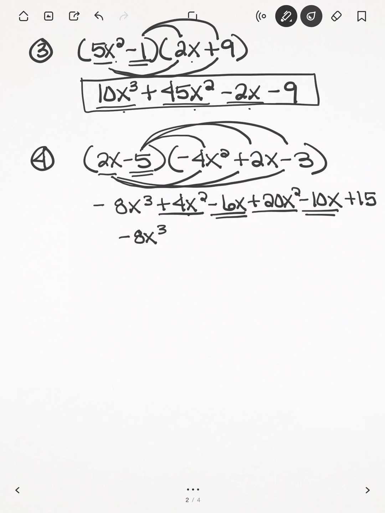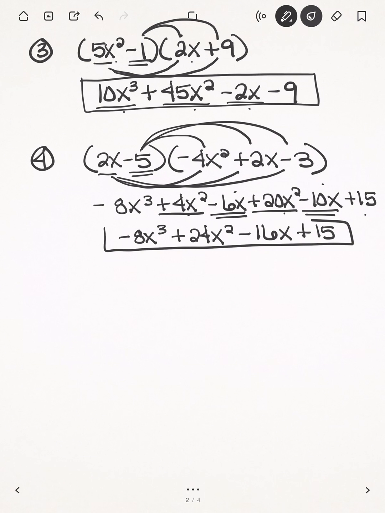I have 4x squared and 20x squared, so I have plus 24x squared. And then I have negative 6x and a negative 10x. That's negative 16x. And the last thing that I have is that plus 15. So there is my final answer. That is my area as a sum.